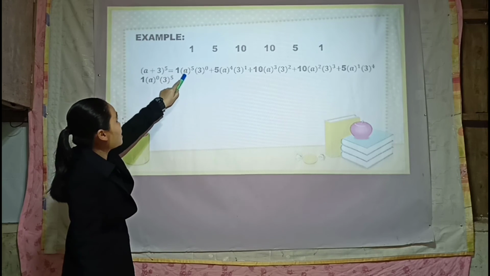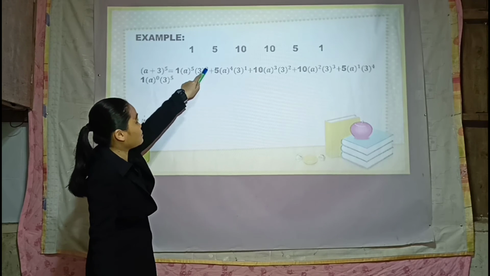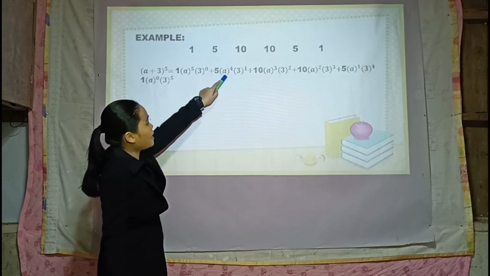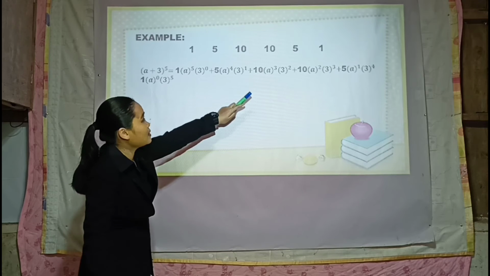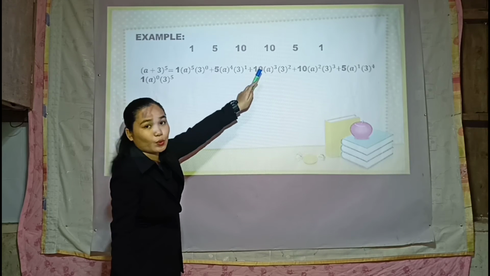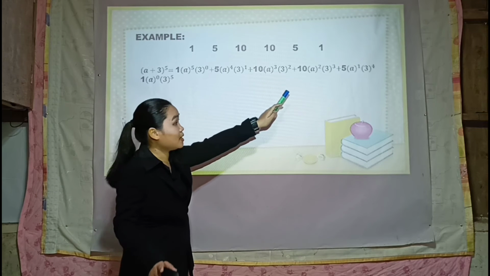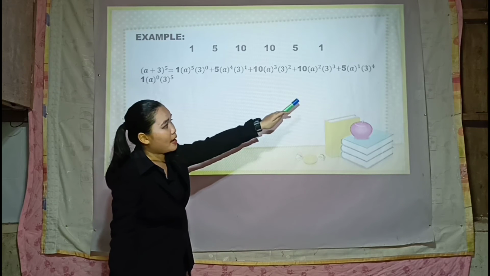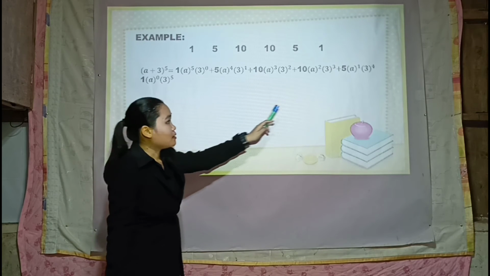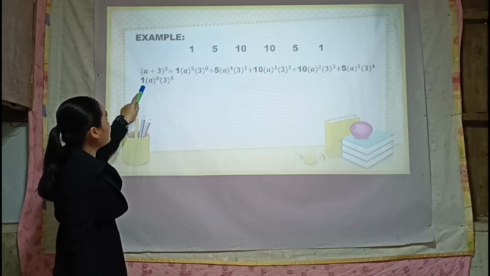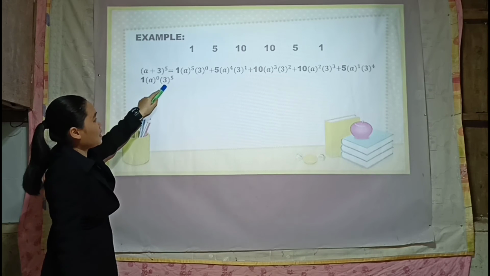So, 1 times a raised to 5 times our b, which is 3 raised to 0, plus 5 times a raised to 4 times 3 raised to 1 plus 10 times a cubed times 3 squared plus 10 times a squared times 3 cubed plus 5 times a raised to 1 times 3 raised to 4 plus 1 times a raised to 0 times 3 raised to 5.